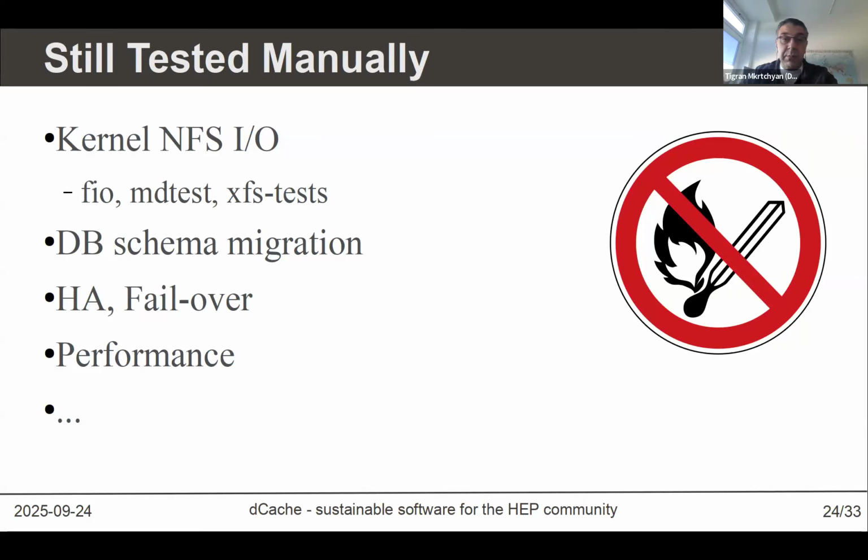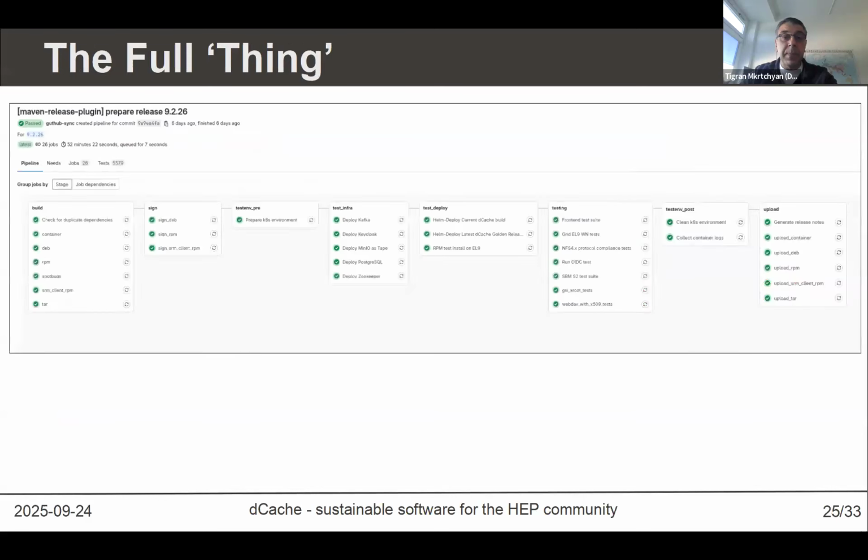We cannot use Kubernetes, as we never know what else is running on the machine. Database schema migration, availability, failover: there are some scenarios that we still do manually. It's very time consuming and very frustrating. So we still have a lot of work ahead of us to automate this as well.